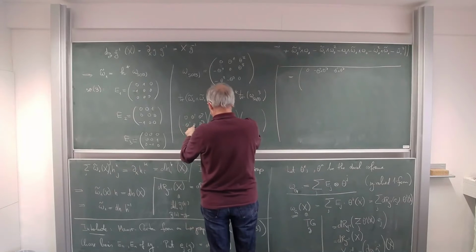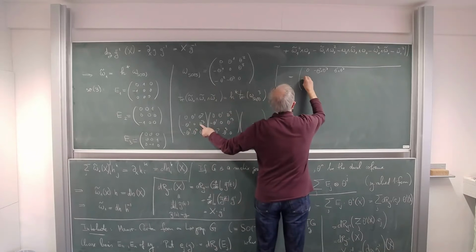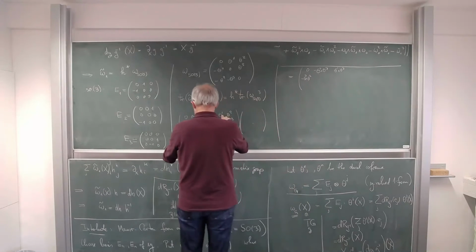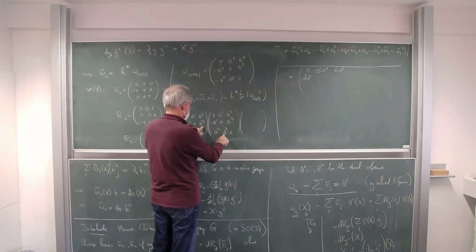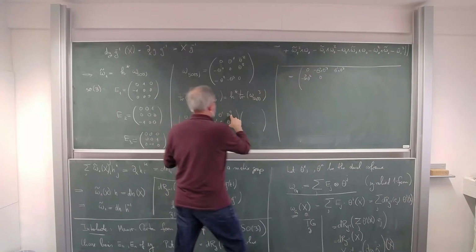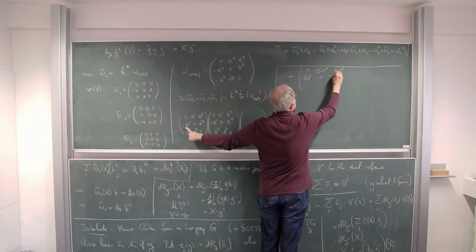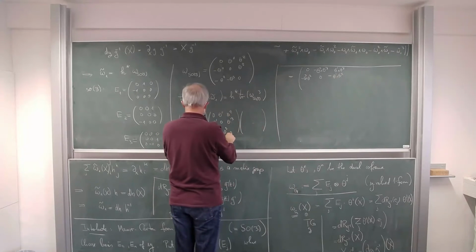Now here 0, 0, and here I have minus theta 3, theta 2. You have to be very careful that I don't mess up the computation. Theta 1 is squared 0, 0, theta 3 squared 0. Now here I have minus theta 1, theta 2. Plus 0, plus 0.